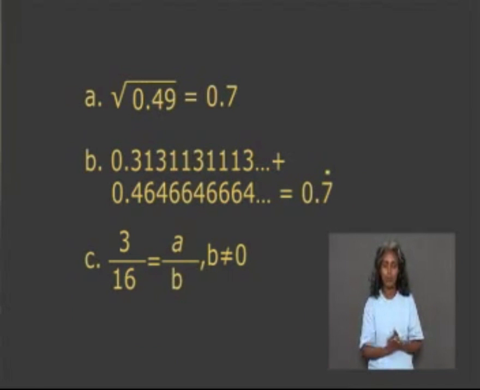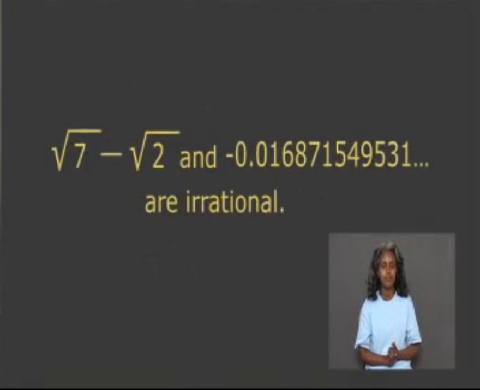So C is a rational number. Neither D nor E are rational numbers. They are irrational.